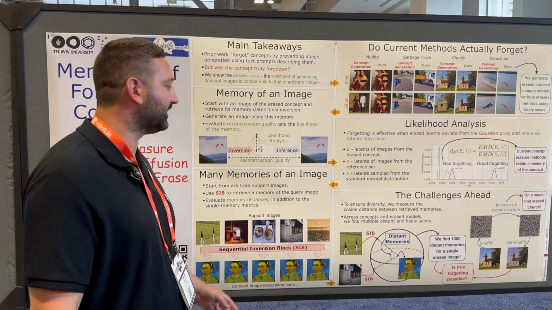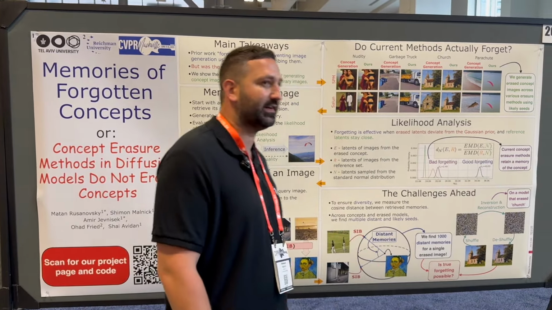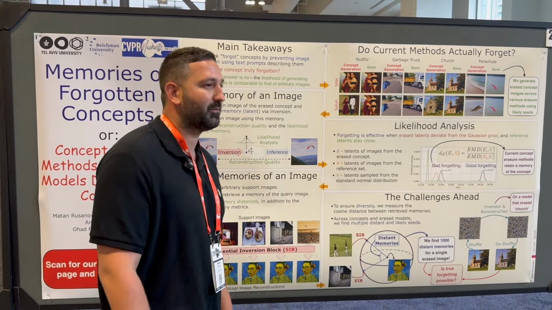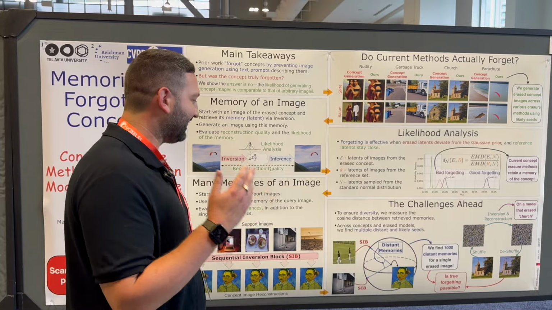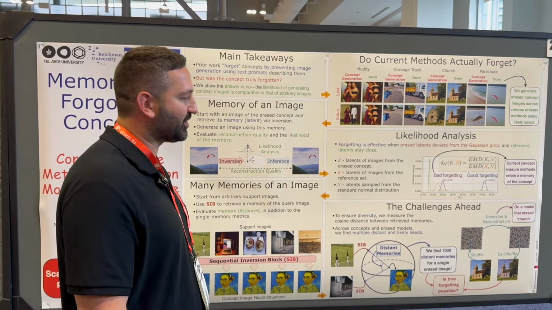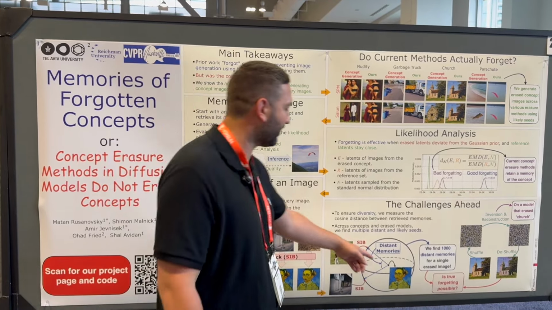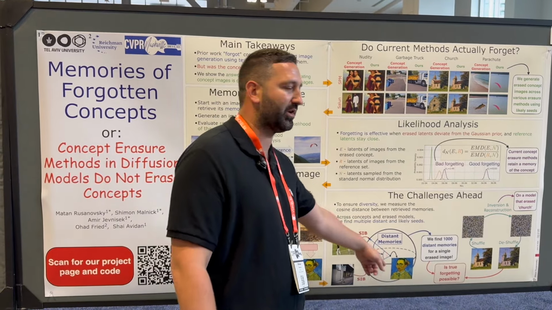We even extended it, we did it on 1,000 images, and we found 1,000 latents that are pairwise distant from each other enough in the space that all can generate a similar image of the Van Gogh here.